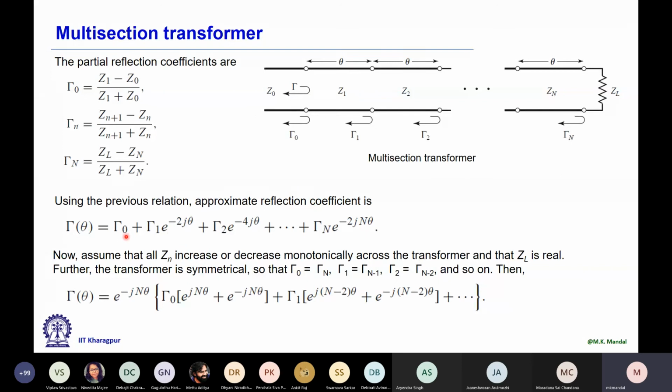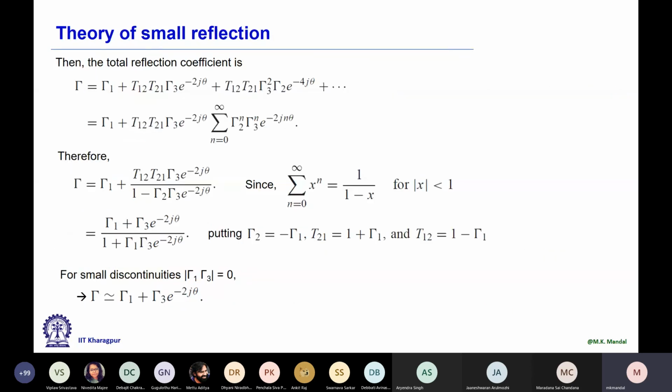Then the overall gamma is gamma naught plus, from the first section, gamma 1 e to the power minus twice j theta, then plus gamma 2 e to the power minus 4 j theta, and so on. The final term, the last one, is gamma n e to the power minus twice j n theta. I am simply using this relationship.